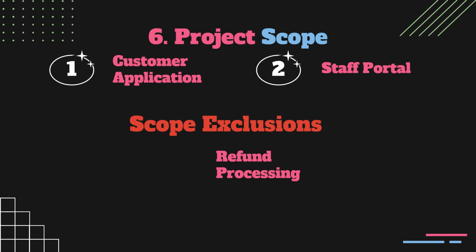Customers can explore the food options, place online orders and pay using a customer-facing application. On the staff side, a staff portal is available for managing the received orders and their delivery. It is also essential to highlight the scope exclusions. It was decided that in the event of problems, the payment refund would be handled manually outside of the application.